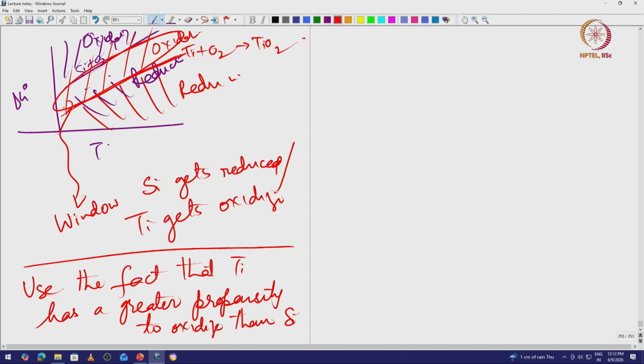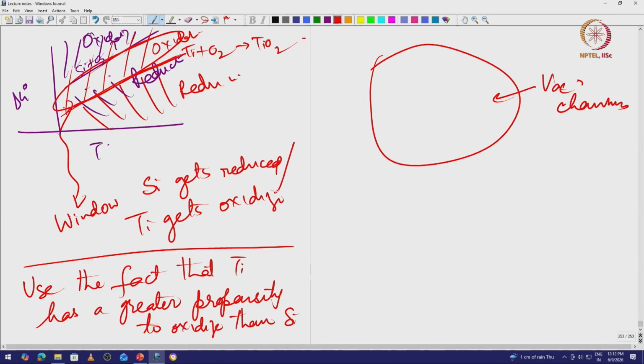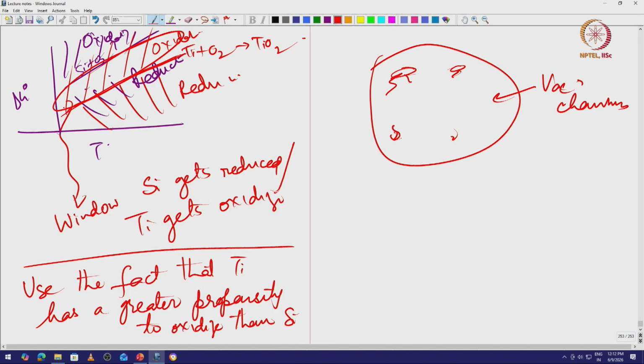In fact, titanium has so much propensity to oxidize that in vacuum chambers I can put in some titanium, so that this titanium is just going to absorb the oxygen, and that way I can even reduce the pressure inside the chamber just by putting some titanium.